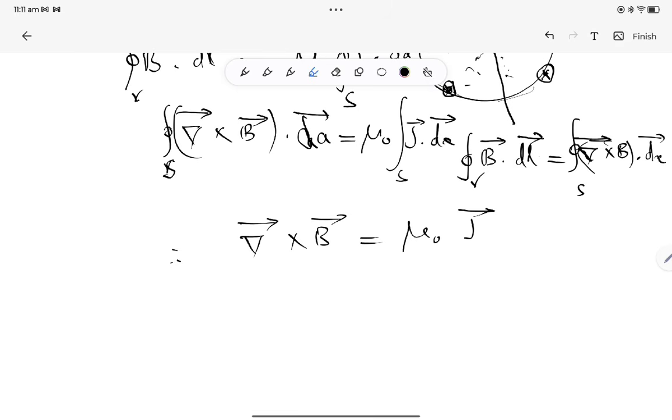What Maxwell discovered was that there is a mathematical discrepancy, an inconsistency associated with this. How?